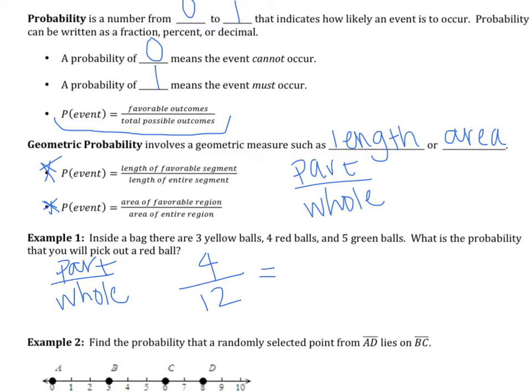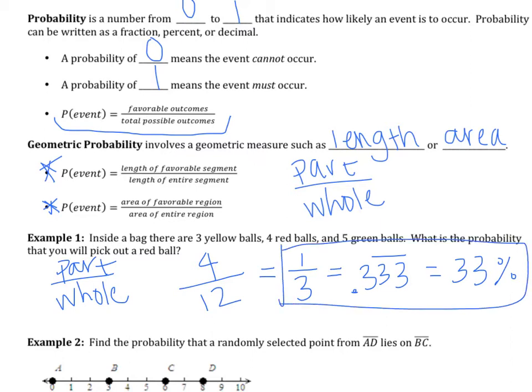This reduces down to 1 over 3, which is equal to 0.333 repeating, or in percent form is going to be 33%. Okay, any of these answers are correct. So that was dealing with just regular probability.